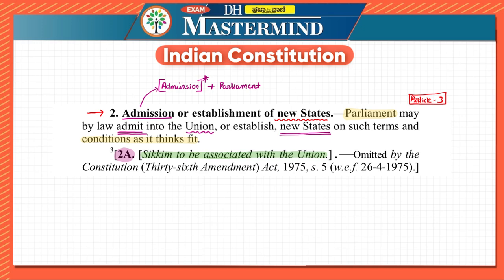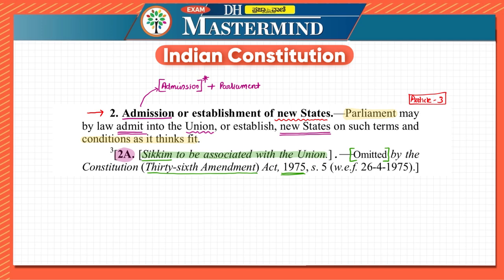Now here they are telling that there was Article 2A and this was associated with Sikkim. Later on it says that it was omitted, that is, removed by the Constitution 36th Amendment Act, 1975.